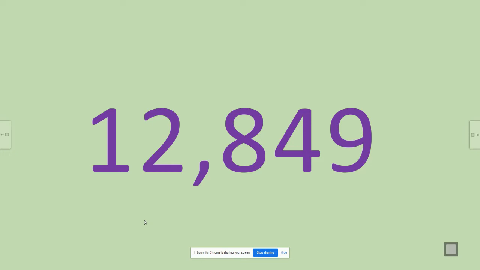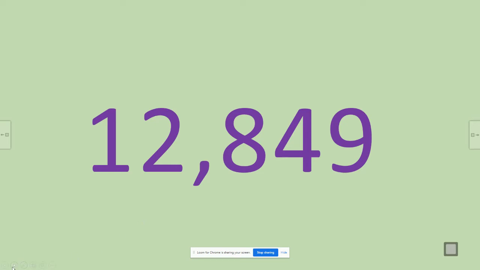So let's see what we would do if we were asked to round to various different place values. Let's start with rounding to the nearest 10. We have to know which of these digits is the tens, and hopefully you will know that it's the 4. We have units of 9, and next to that is 4, which represents our tens.